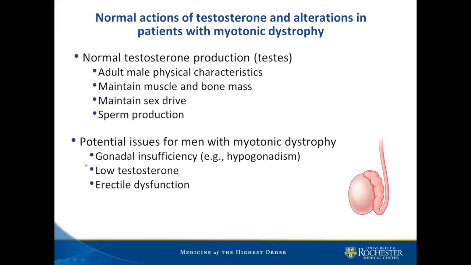The dilemma in patients with myotonic dystrophy, both type 1 and 2, although it's been studied in much more detail in myotonic dystrophy type 1, is that not only do you get testicular atrophy, but also low testosterone levels, and often you have erectile dysfunction. And it's always a possibility, because myotonic dystrophy type 1 affects smooth muscle, that problems with erectile dysfunction are not totally due to just low testosterone.